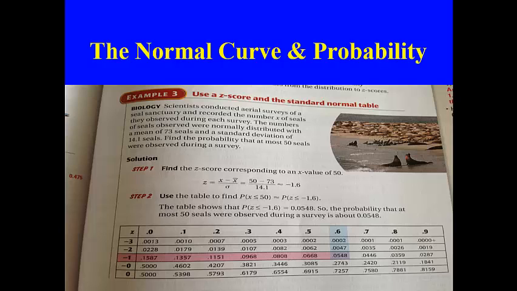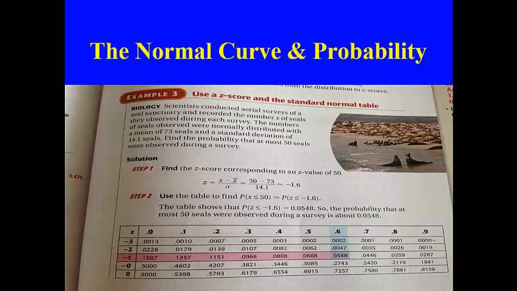Now, with the z-value of -1.6, we need to use the table to find the probability that a value is less than or equal to 50. Take a look at the table in row number 7, as you can see.